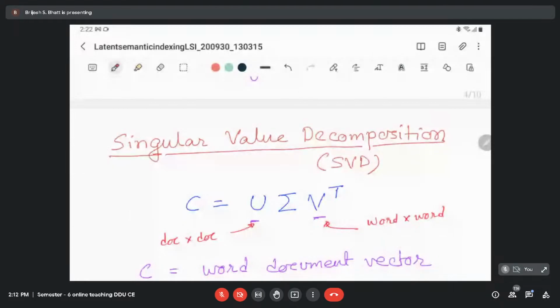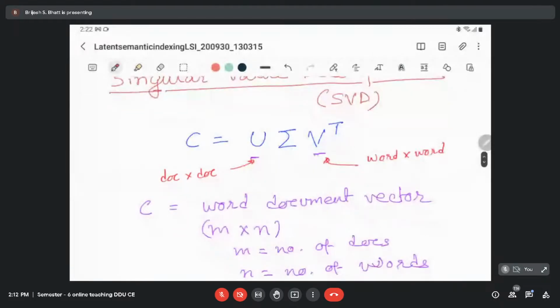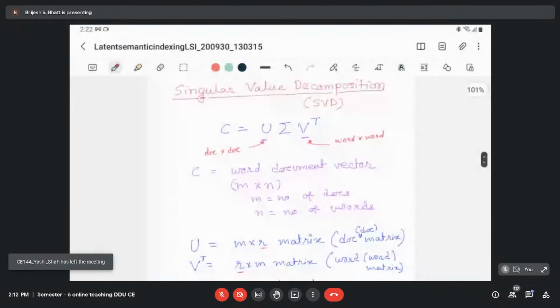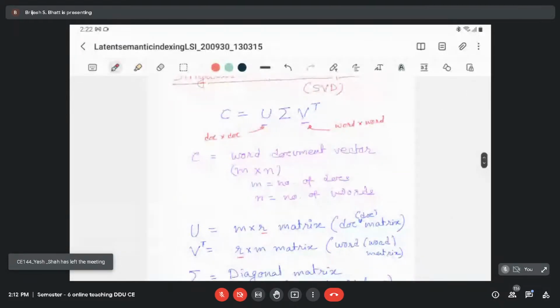So C becomes an m cross n word document matrix, where n is the number of documents and m is the number of words. U will become an m cross r matrix, where r is the rank of the matrix, which is a document vector.